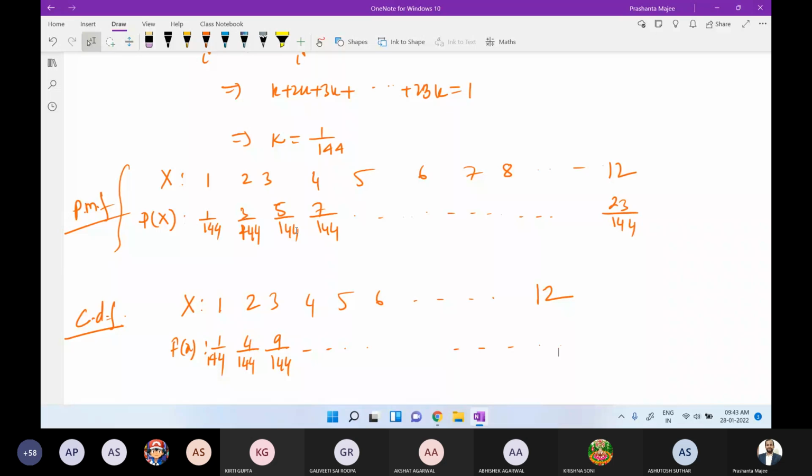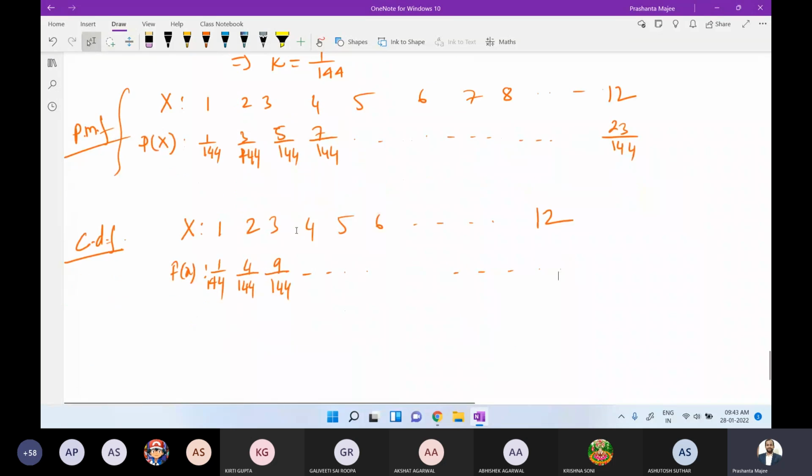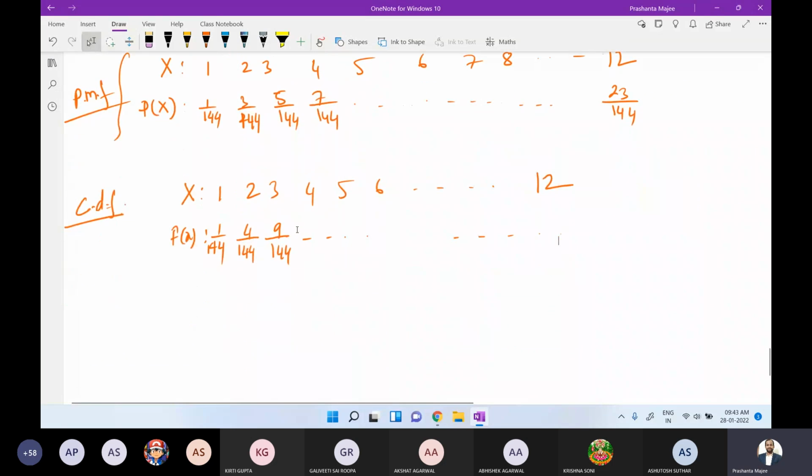Now, the cumulative distribution function can be used to obtain the probability of any event. If I ask you a question, what is the probability that the random variable assumes a value less than or equal to 3.5? What is the probability that the random variable assumes a value up to 3.5?